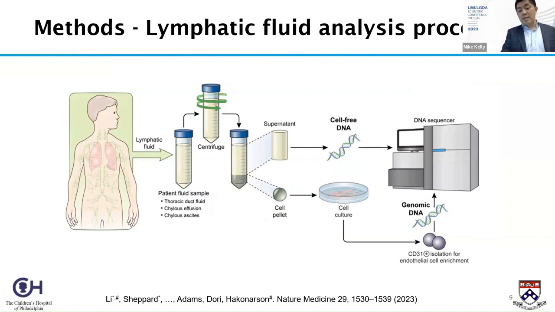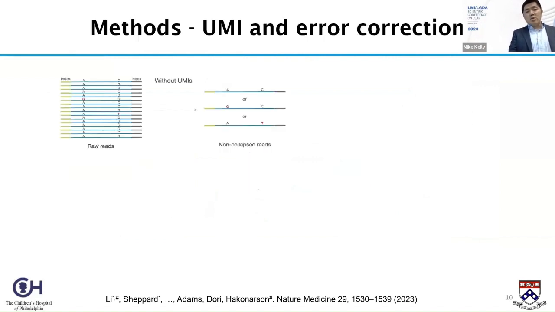For a typical panel, similar panels have been used in the cancer field: a PCR amplicon-based panel with adapters. But in this case, even if you sequence at very high depth, you cannot get rid of the errors that occur in, for example, the NGS sequencing platform or PCR errors during library preparation.